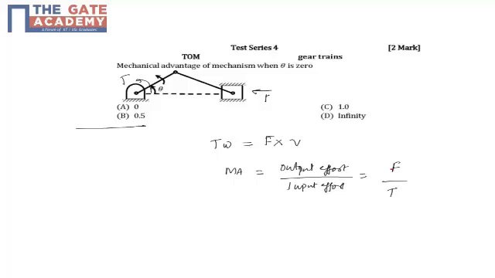It will be proportional to this, not exactly, because the ratios don't match, but the idea here is that mechanical advantage will be some function of output force by input torque. Output force by input torque is omega by V.